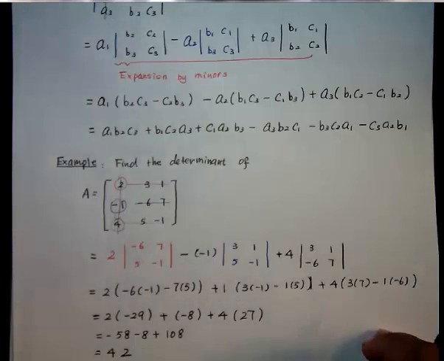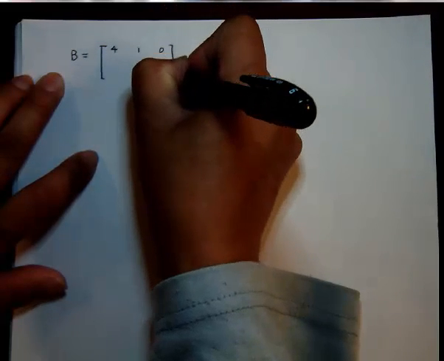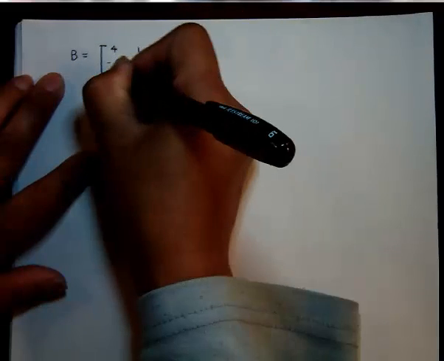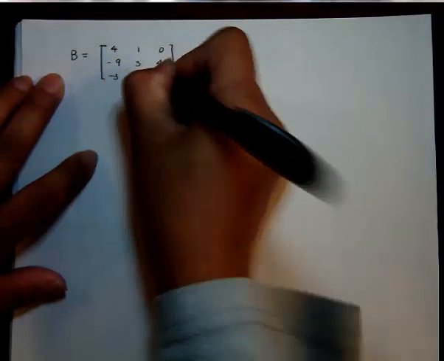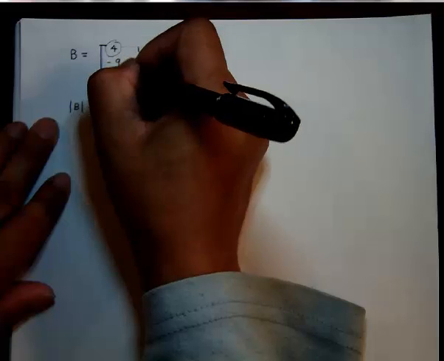Let's see another example for that. Say matrix B is defined as 4, 1, 0, negative 9, 3, 4, negative 3, 8, 1. Alright, so the determinant of this, again, first element, find its corresponding minor.